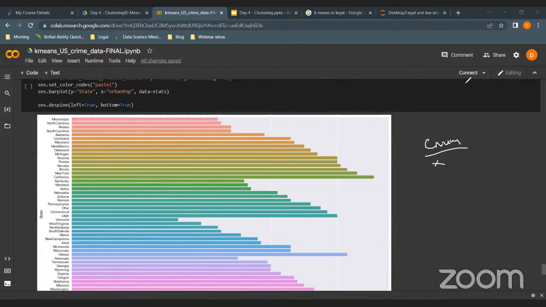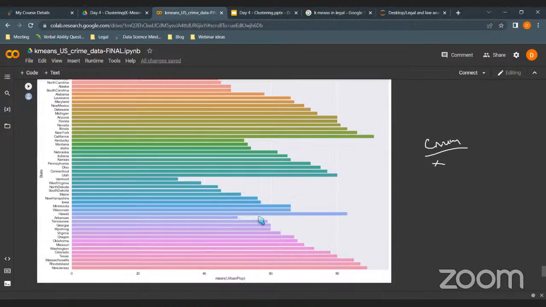Even with a higher urban population, the crime rate is not increasing. So we cannot say that crime rate goes hand in hand with urban population. But different crimes do have a nearly linear relationship, or a weak positive linear relationship.